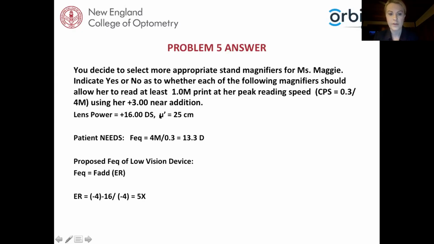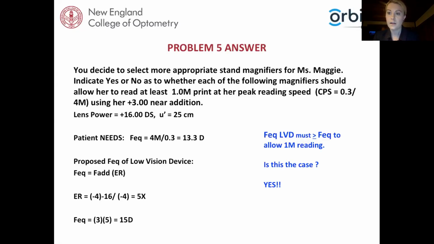So I can calculate my enlargement ratio, which is 5x. I then multiply it by my +3 near addition, and I have 15 diopters. In this case, the equivalent power of the device is slightly greater than or equal to the equivalent power of my estimate. And so, yes, this magnifier is definitely appropriate for the patient and can be prescribed.